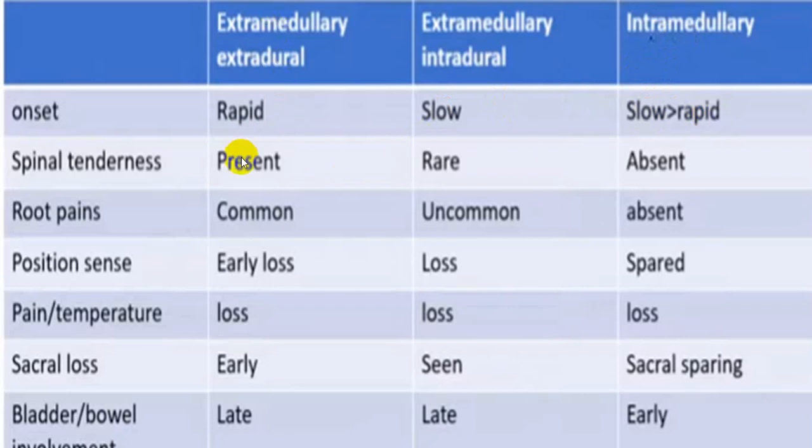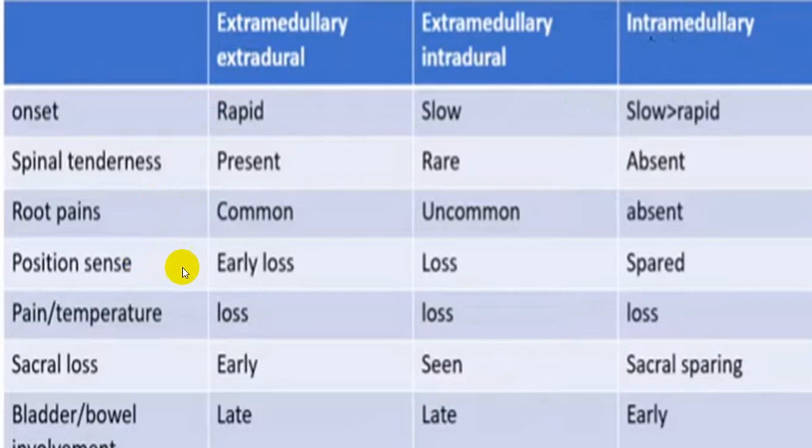In extradural, spinal tenderness is almost always present, while in case of an extramedullary but intradural, it is rare and it is always absent in case of an intramedullary. Root pain is the most common in case of an extradural, while in case of an intradural it is less common. It is always absent in intramedullary. Hence, indirectly, if a person comes with root pains with spinal cord involvement, always suspect extramedullary compression.